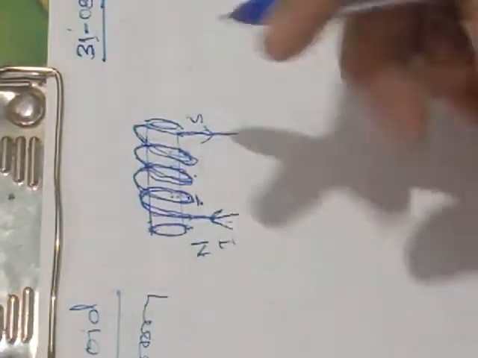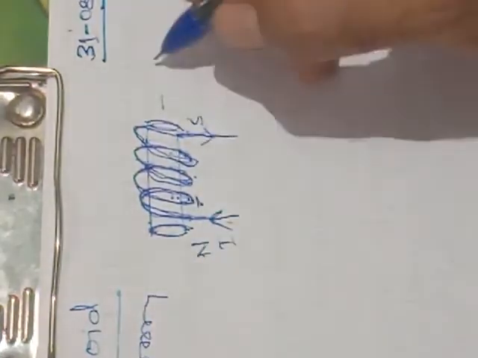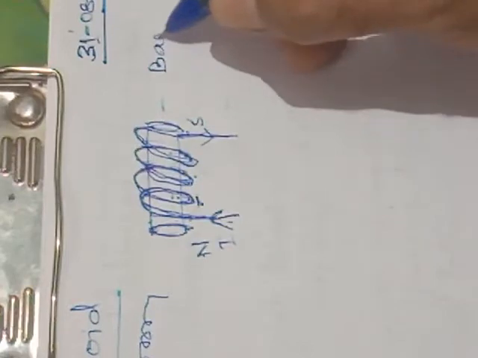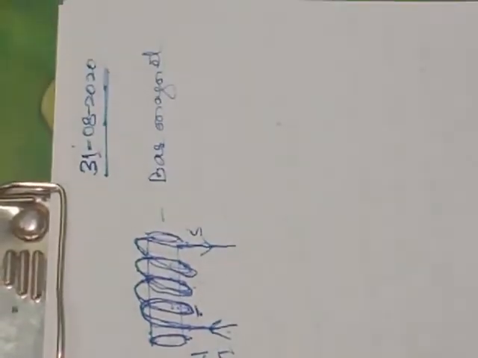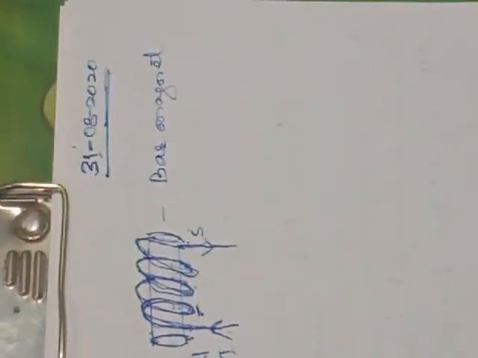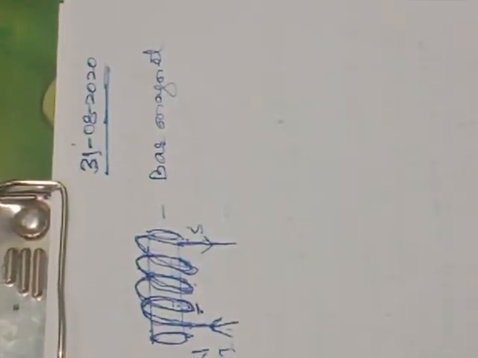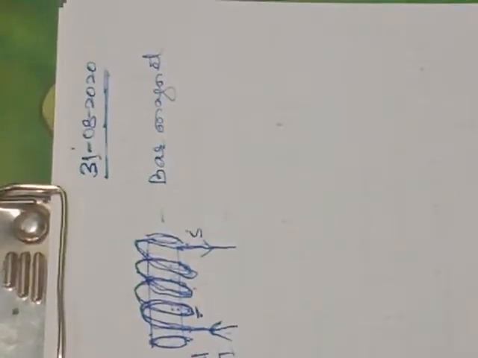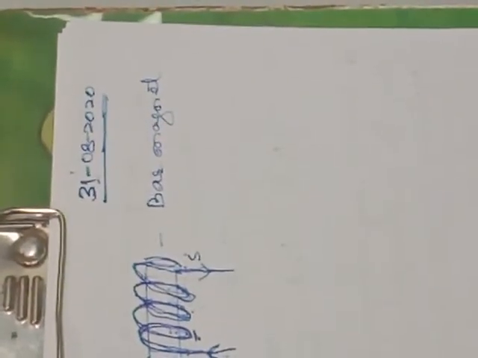The solenoid will behave like a north pole and south pole, so it will behave as a bar magnet. The solenoid will behave as a what? A bar magnet. The field will be uniform, and this field which is created by the current flowing coil will be treated as a solenoid.